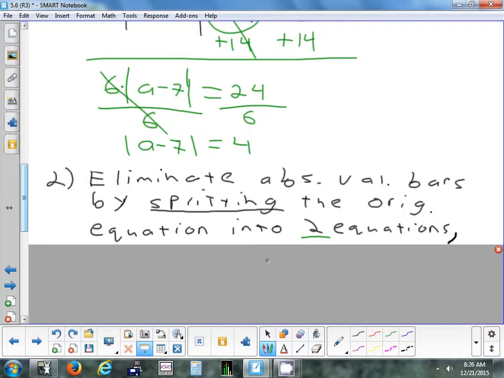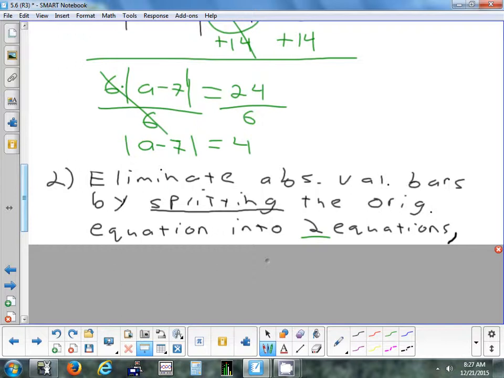Who can remind me, what was the goal of step 1? What did we do in step 1? You ensured the absolute value expression was what?